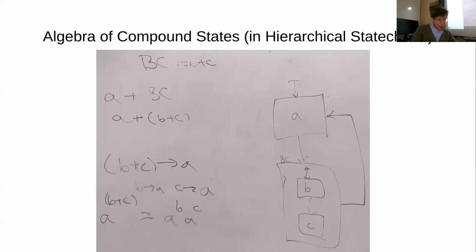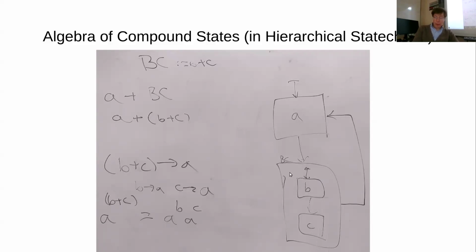I will note, time is running short, but there's a further algebra of compound states. If we have, for example, an overall state and then a compound state, we have a transition into the compound state with a certain entry point, and then a transition out of that compound state.